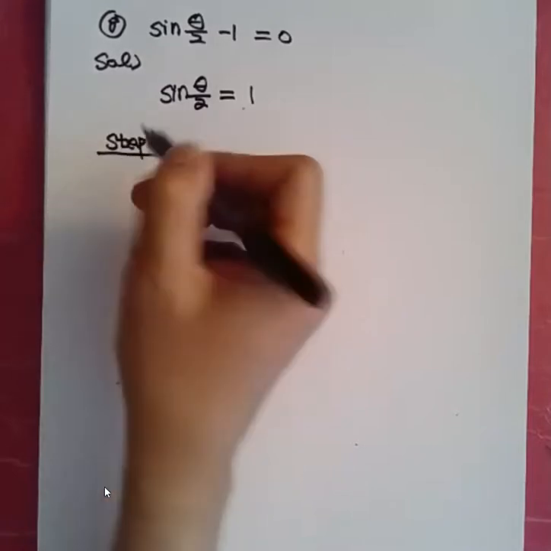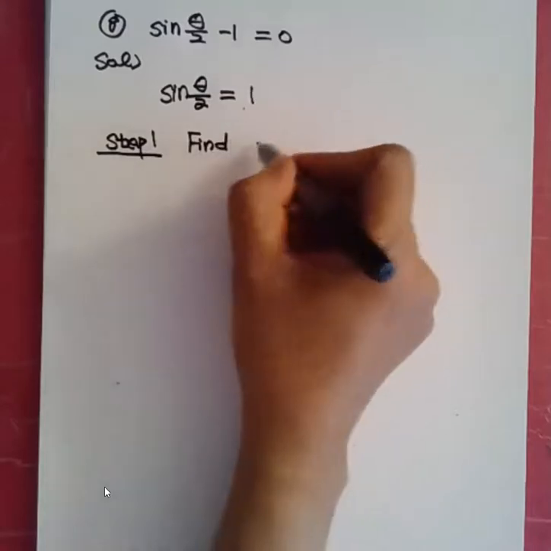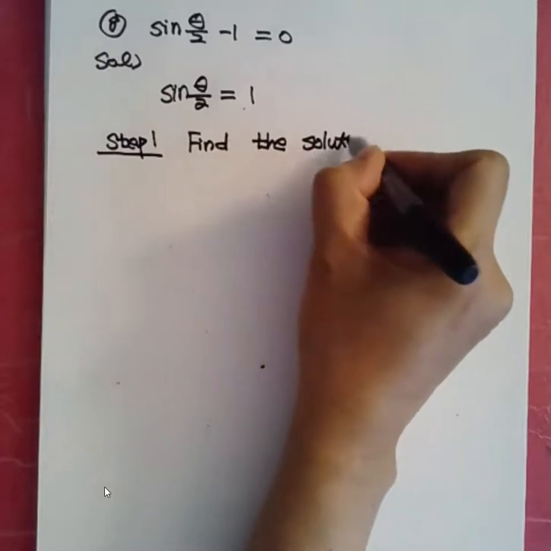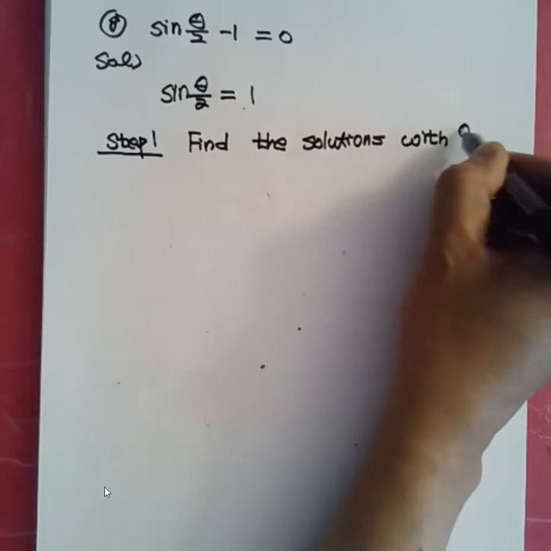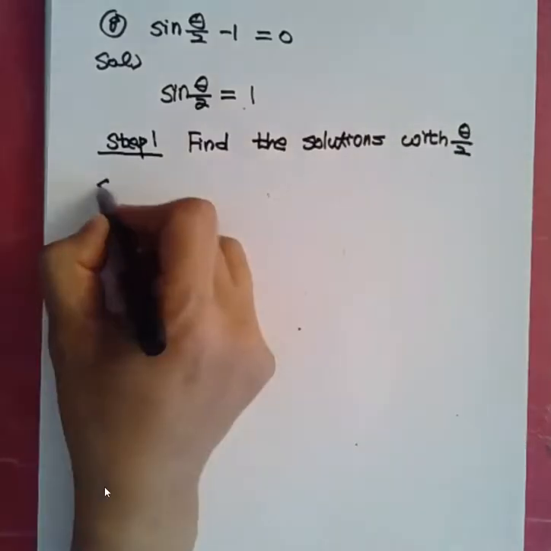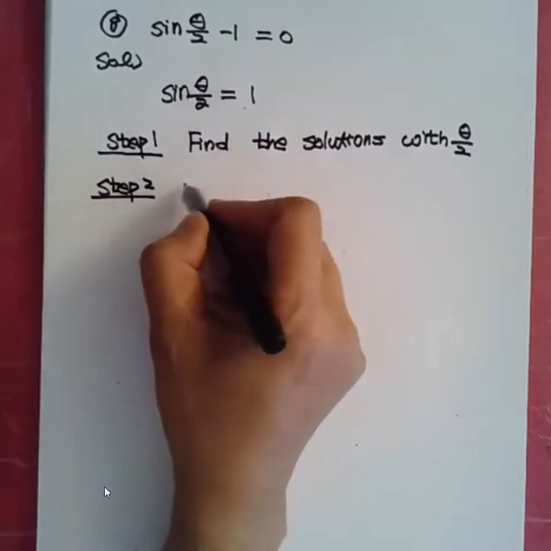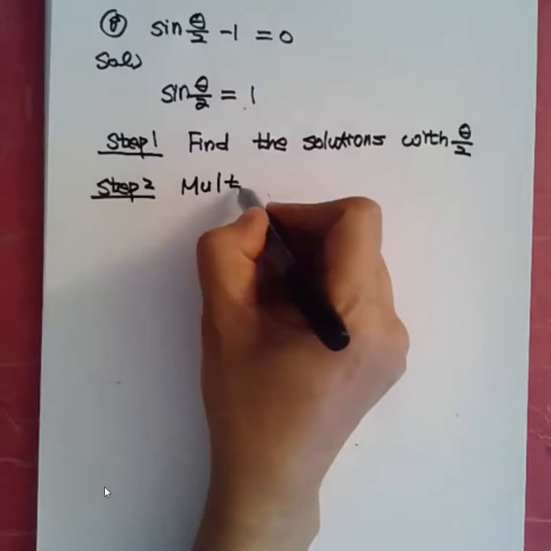In this case, what we want to do first is find the solution with the half angle, theta over 2, and then we will multiply by 2 on both sides to get the answer for the angle theta.